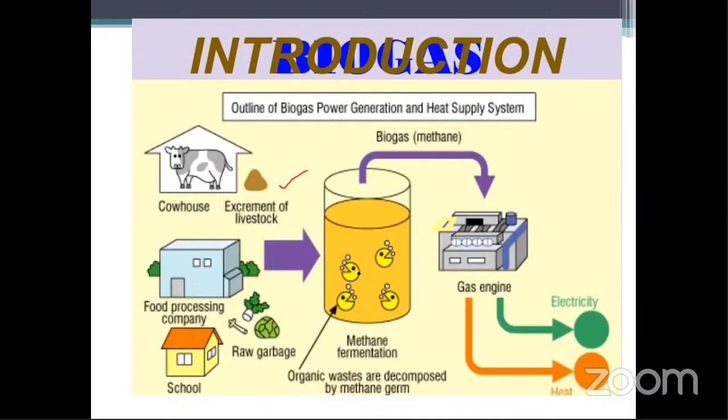You have bacteria inside that break down the organic material and produce methane gas. Then you can use it as fuel. So this is a very great way to produce energy. I'm going to show you a video to talk more about biogas.